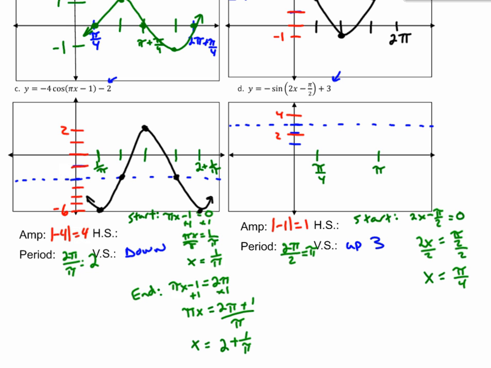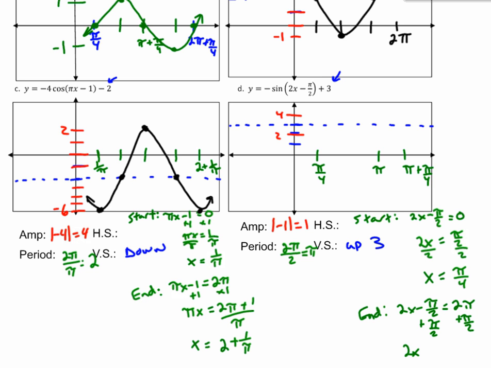If you have caught on to what the pattern is here, this is shifted right, pi over 4. So this is going to shift right to pi plus pi over 4. But I can get that by doing my end. So this is 2x minus pi over 2 equal to 2 pi. Add pi over 2.